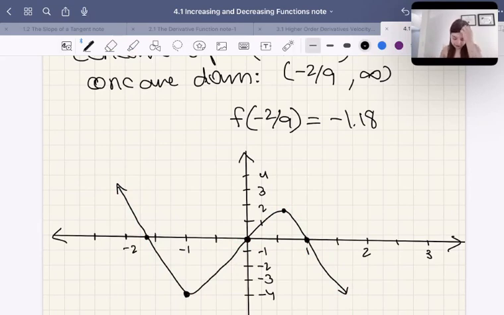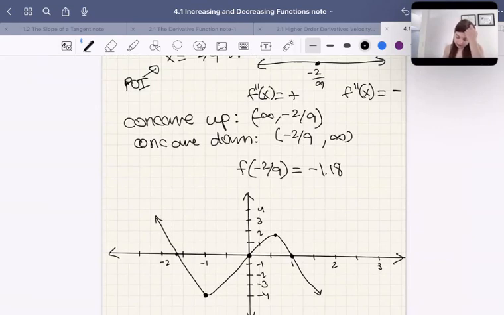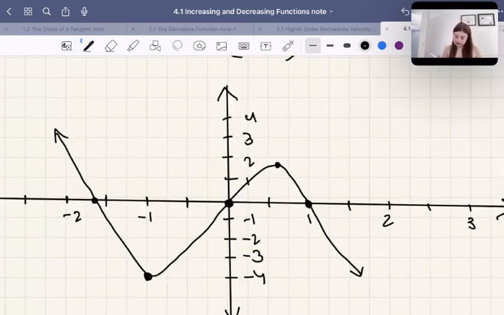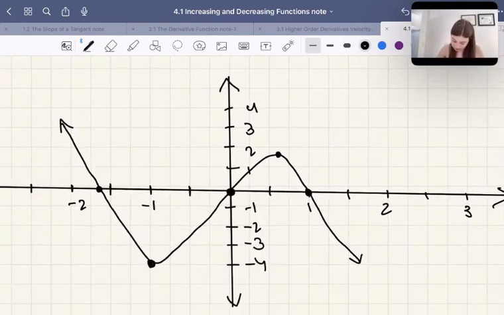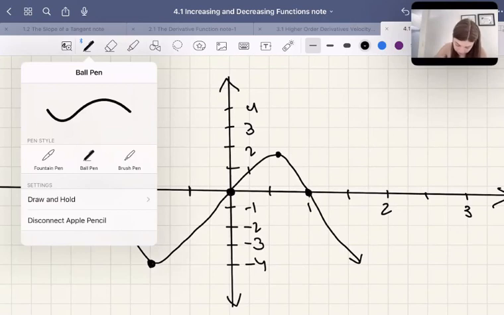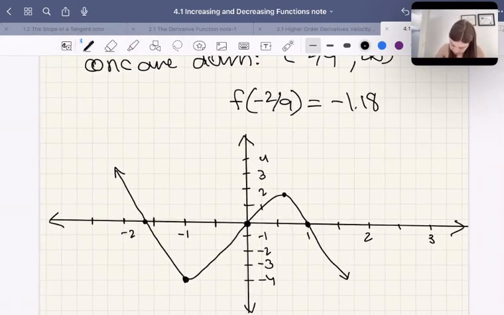Okay, very good. Excellent. And then what about concave up and concave down? So the point of inflection is at negative 2 over 9, and what was the other value? Negative 1.18. Okay, so around, oops, negative 2/9, well, that's going to be around there, approximately.